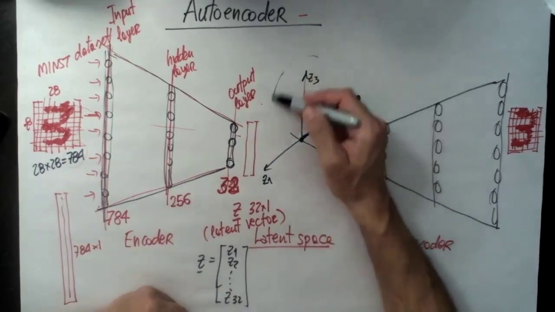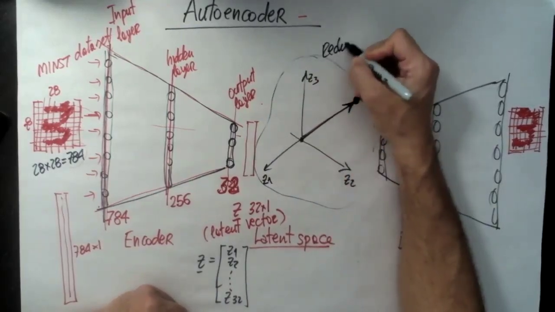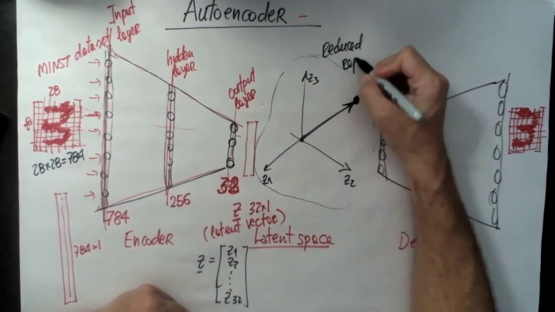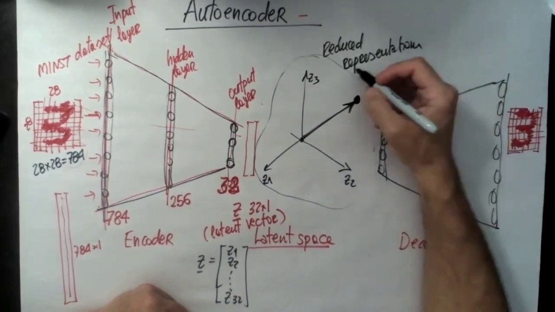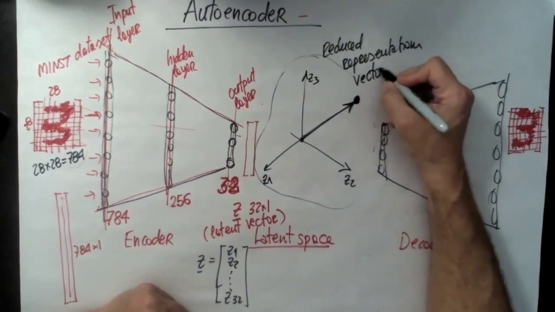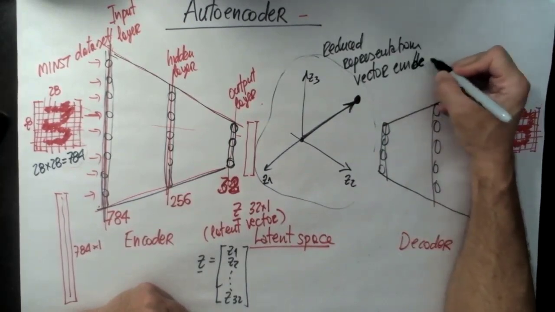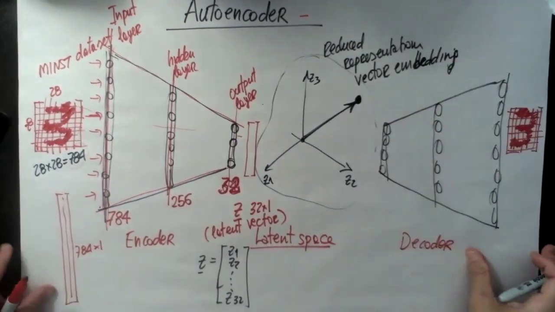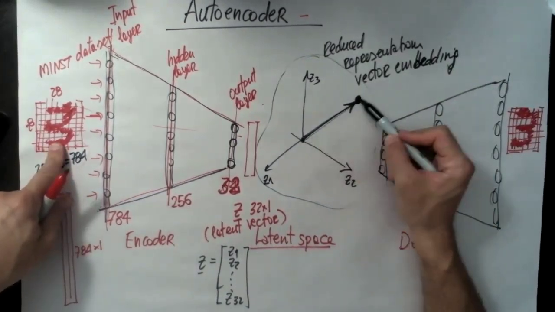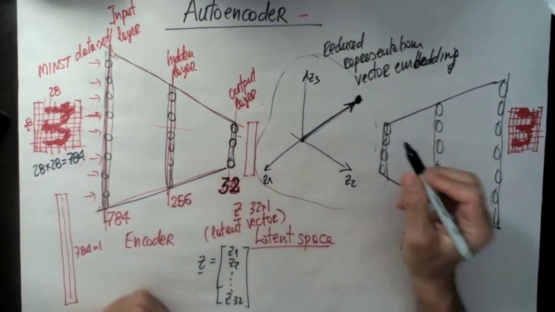Okay, so here we have a reduced representation. This is also called vector embedding, in which we represent an image with a vector of lower dimension.